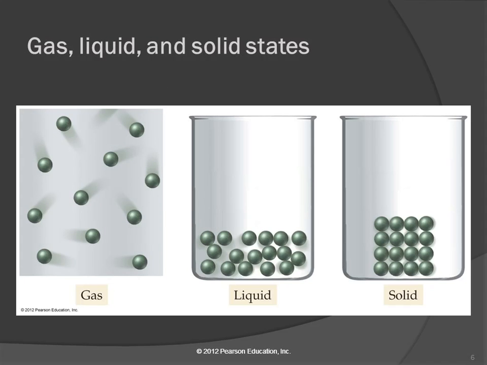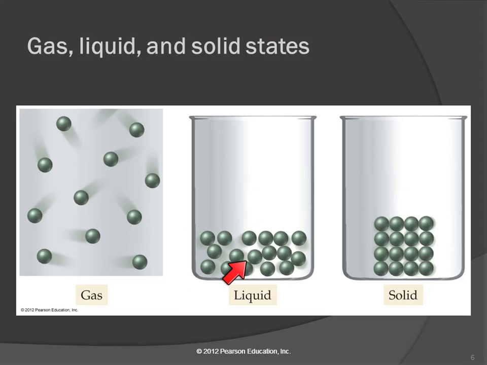Here we have an illustration of gases, and we see there's a lot of space in between the particles, and they're moving fairly quickly, just bouncing around. It's like a giant Pong game with multiple blips in it. In the liquid, they are now close to each other, but they're able to mill about.